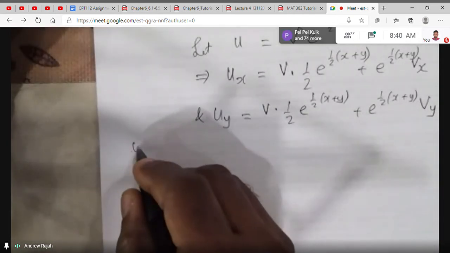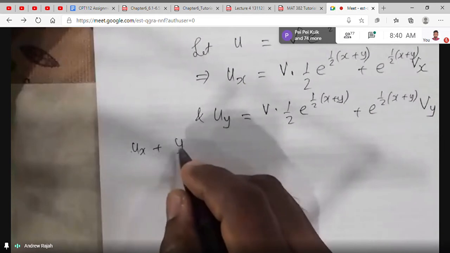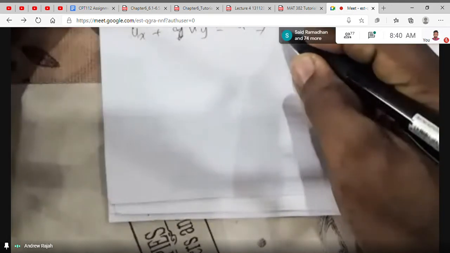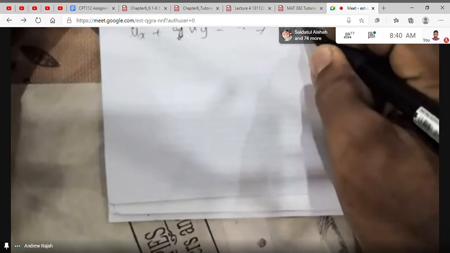Then you use the equation ux plus uy equals to u. These two plus these two you get v e to the power of half plus half is one x plus y.